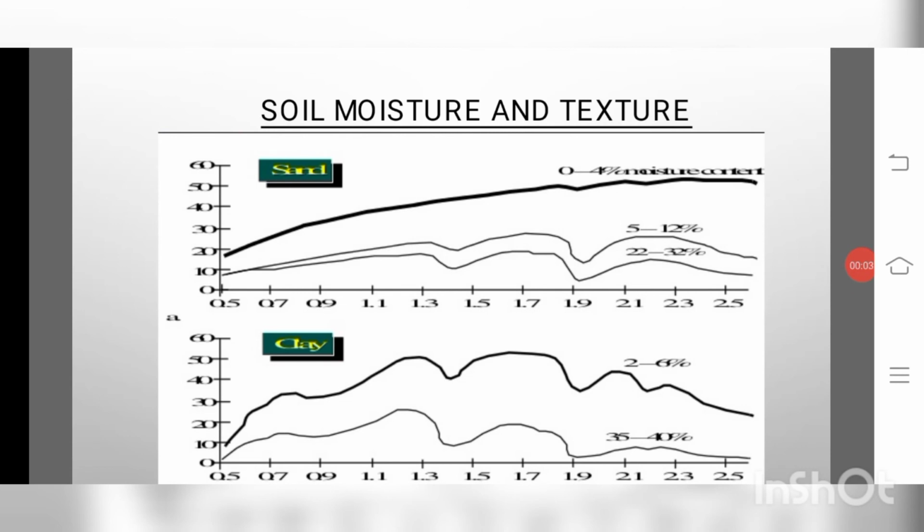Soil moisture and texture. Soil moisture is strongly related to soil texture. Coarse and sandy soils are well drained, resulting in low moisture content and high reflectance, while poorly drained, fine textured soils have low reflectance. Thus, reflectance properties of soil are consistent only within a particular range of conditions.